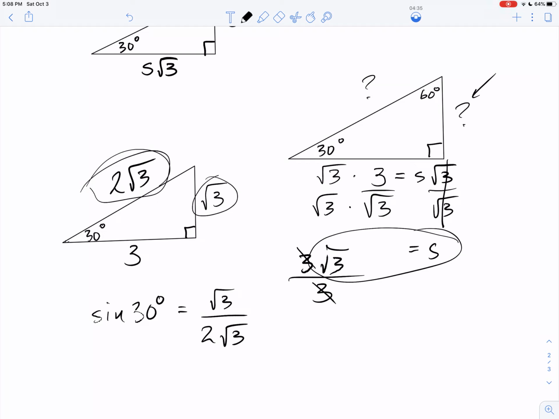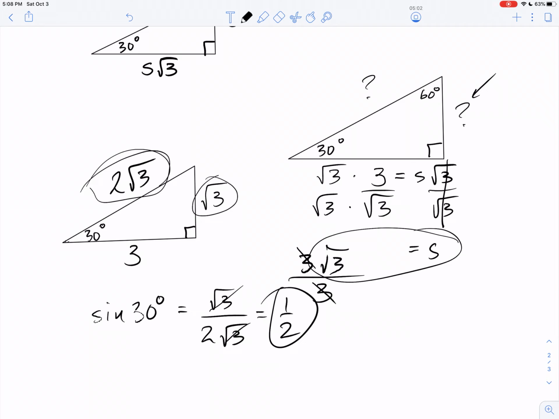Wait a minute. These are both inside numbers. I could reduce. What holds the place on the top for me? 1/2 does. So the sine of 30 is 1/2. Do I write 0.5 for an answer? No. I never use decimals in trig. It's either whole numbers, fractions, or radicals.